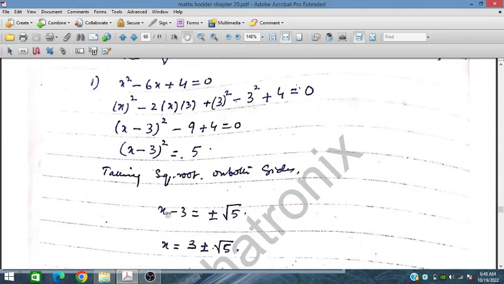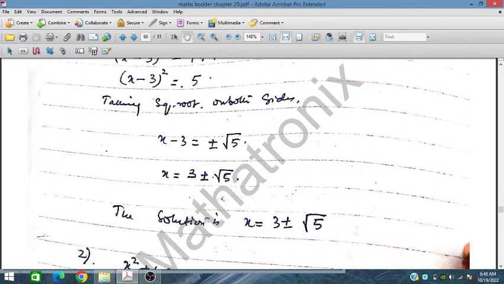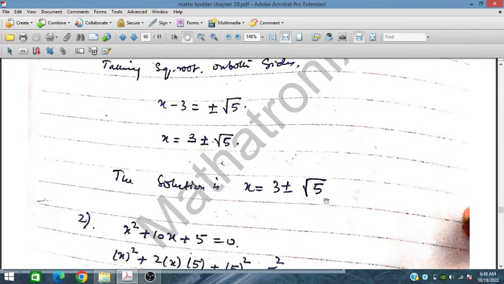We place this 3 on the right hand side: x equals 3 plus minus under root 5. So this is the solution. We can say 3 plus under root 5 and 3 minus under root 5 are the solutions.